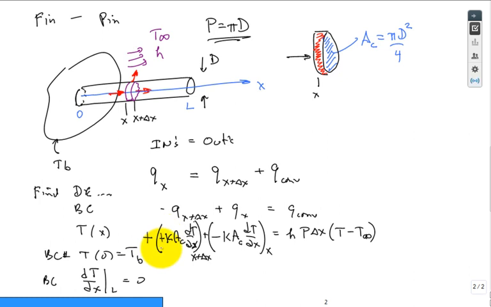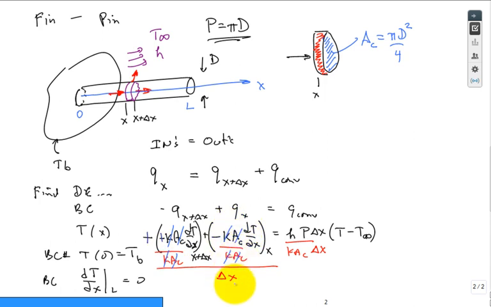And we take the whole equation, every term in it, we divide by k A sub c, and then we also divide every term by delta x. We cancel the k A sub c right there.